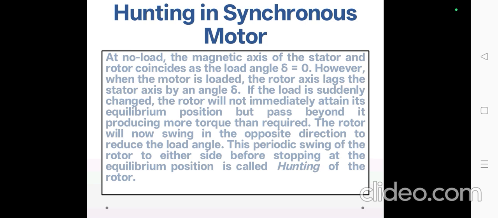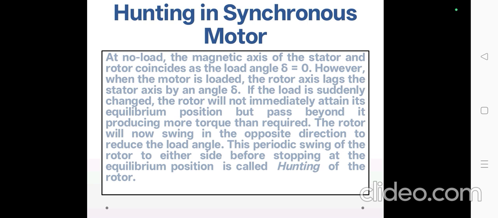Actually, it is seen that when the synchronous motor is on no load, the stator and rotor poles' axes almost coincide with each other. When the motor is loaded, the rotor pole's axis falls back with respect to the stator. The angle by which the rotor retards is called the rotor angle or angle of retardation delta.